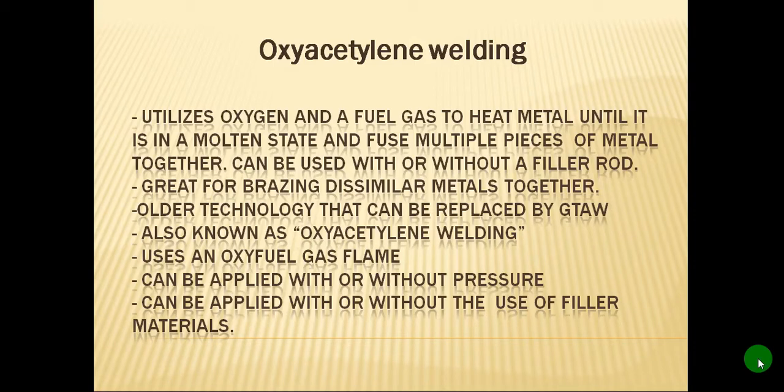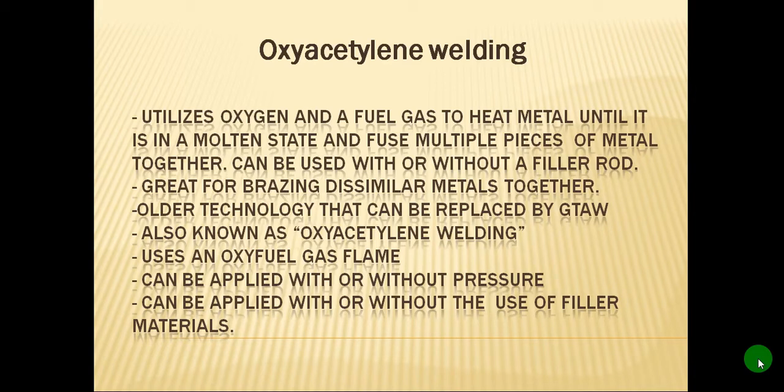Oxyacetylene welding utilizes oxygen and fuel gas to heat metal until it is in a molten state and fuse multiple pieces of metal together. Can be used with or without a filler rod. Great for brazing dissimilar metals together.